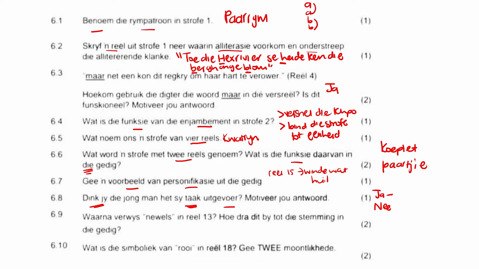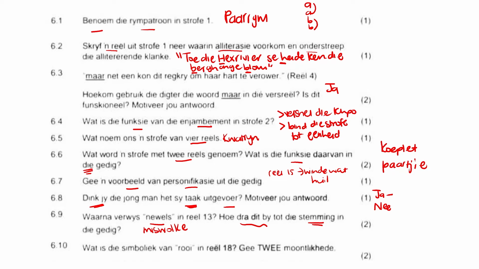Waarna verwys nevels in reël 13? Hoe dra dit tot die stemming in die gedig? So remember, the nevels in this poem means wolke of miswolke, right? Like misty clouds. And how does that contribute? Dra dit by tot, that means how does it contribute? To the stemming, which is like the mood, the atmosphere. So how does the miswolke contribute to the stemming of this poem?